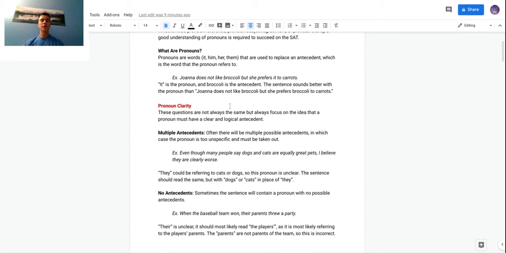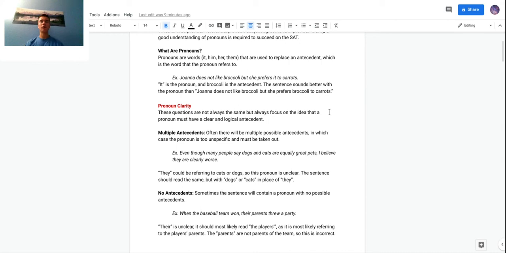Basically, these questions focus on the idea that the pronoun must have a clear and logical antecedent. It'll present you with a sentence, and I'm pretty sure all the time, or at least most of the time, there's going to be a problem with how the pronoun and antecedent are set up. Either there will be one pronoun and multiple antecedents that it could refer to, which can make it pretty difficult.